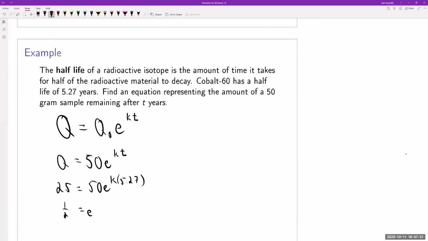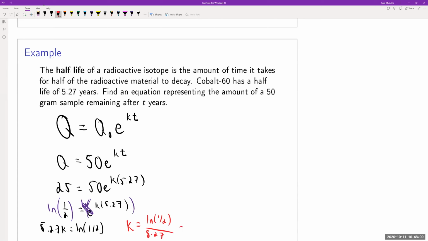That means that 1/2 is e to the k times 5.27, which means that 5.27k is equal to ln of 1/2, which we get by taking the ln of both sides and canceling out the e, which means that k is equal to ln of 1/2 divided by 5.27.